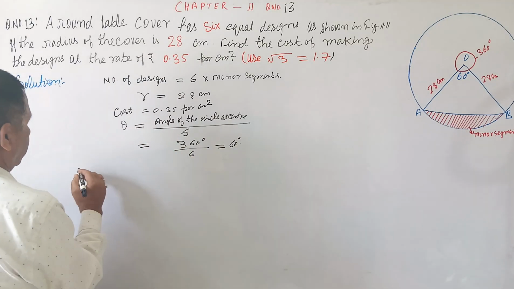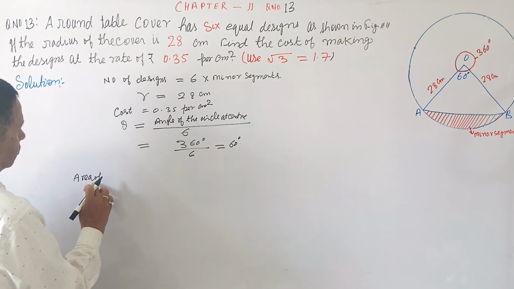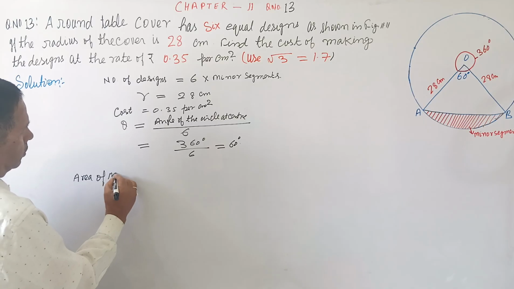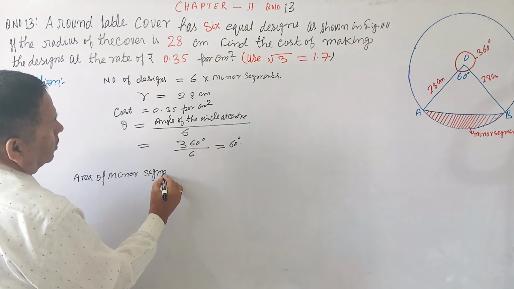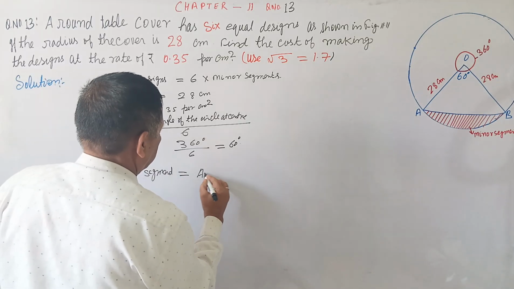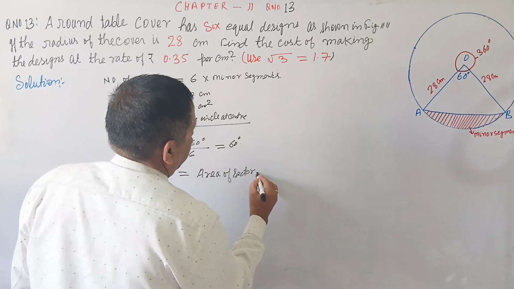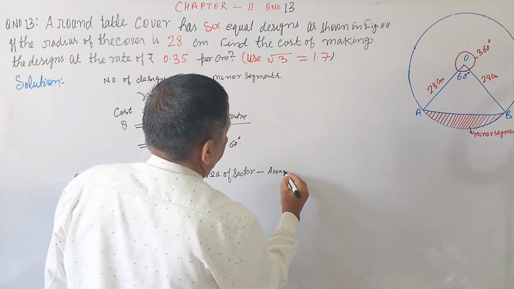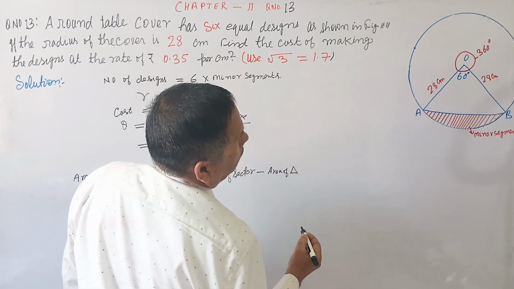So now, area of minor segment equals area of sector minus area of triangle OAB.